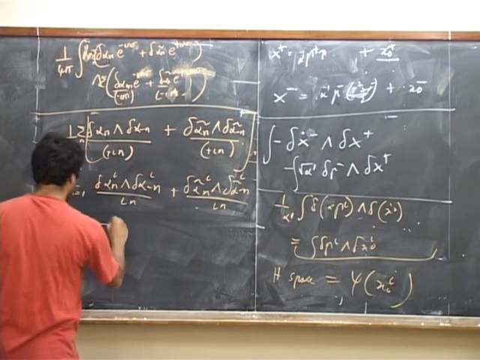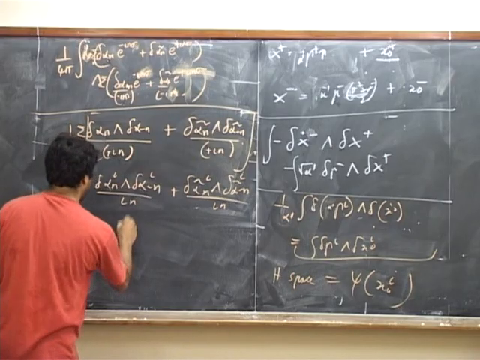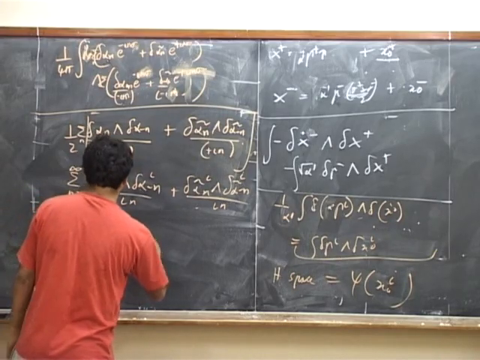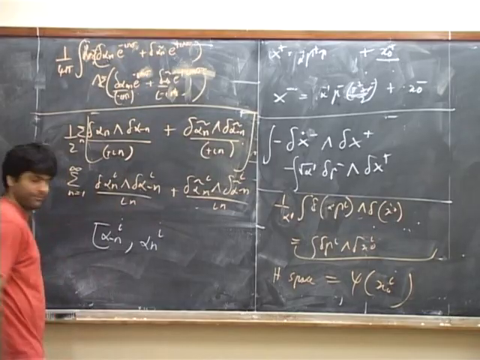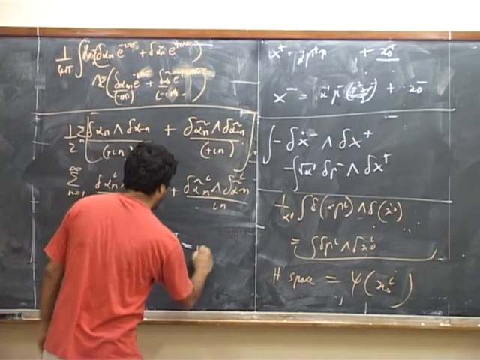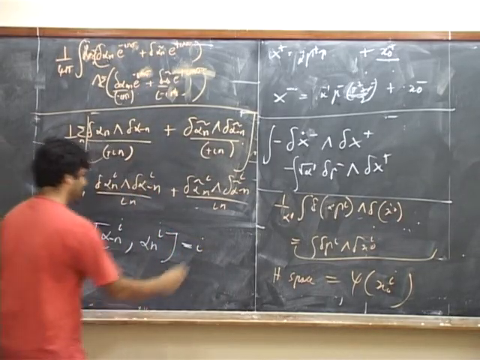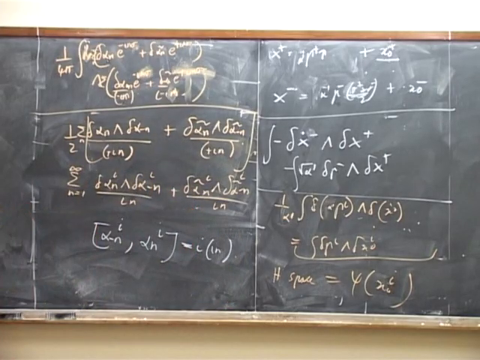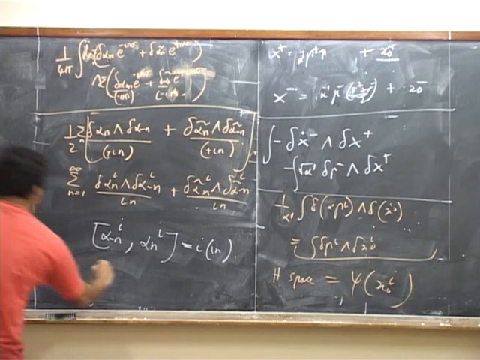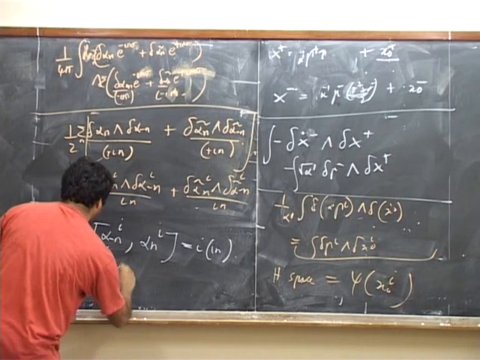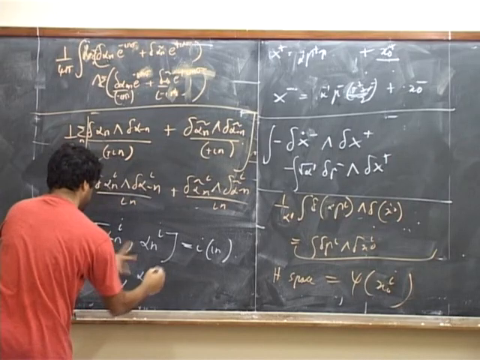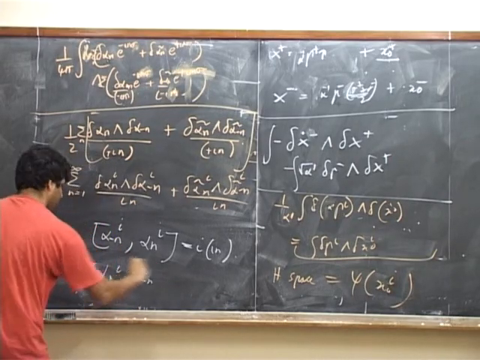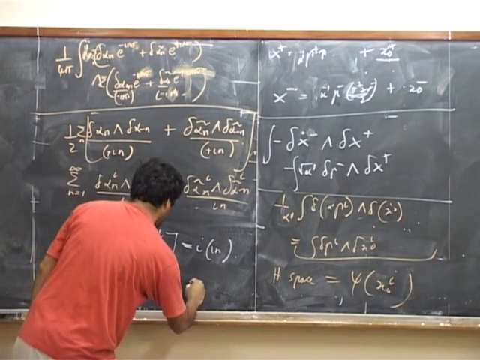Therefore we conclude that the commutator of alpha minus n i with alpha n i is equal to i times i n. Or the commutator of alpha n i with alpha minus n i, reversing positions to get a minus sign, is equal to n.